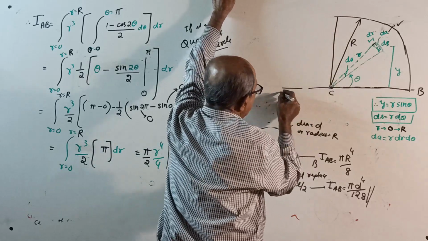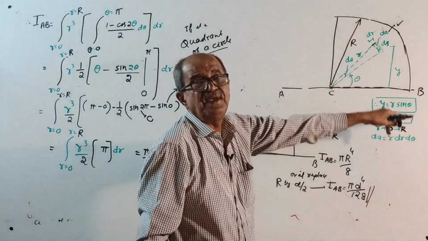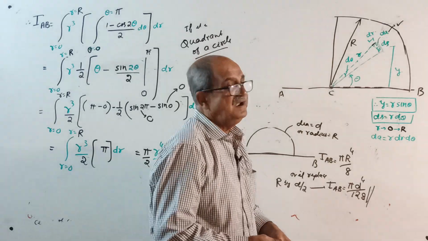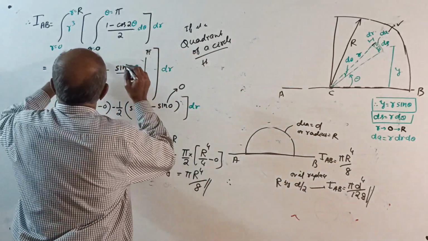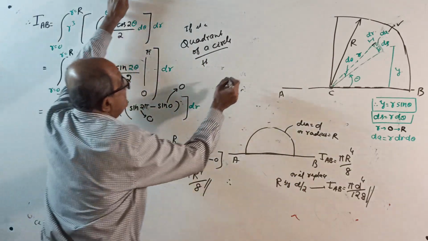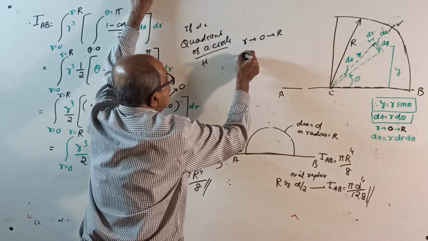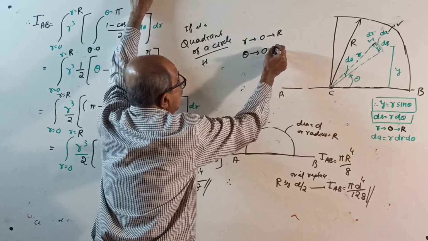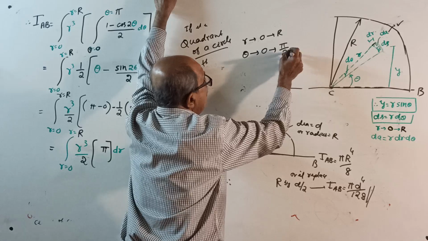Still call it AB only, no problem. Everything will remain the same. All your formula, ds, r, d theta, etc. are the same. Only change is the limit of integration. Then r will vary from 0 to r only, but your theta will vary from 0 to pi by 2.